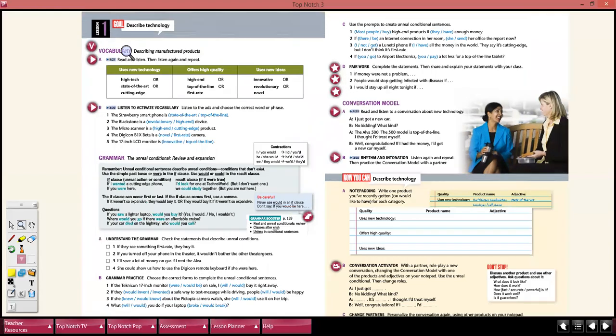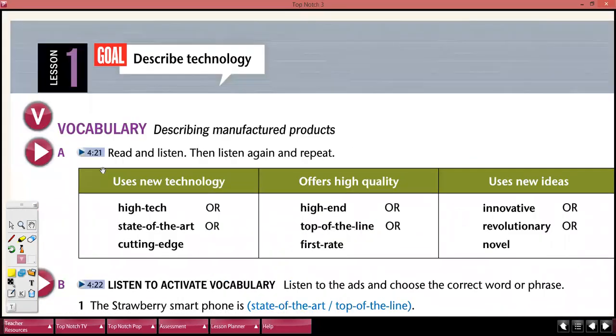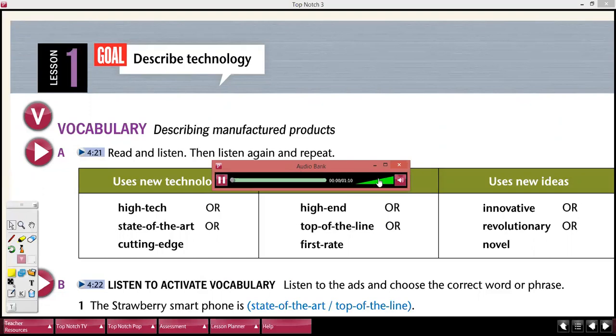What is this about? Lesson 1, if you remember the communication goals, was to describe technology. For that, we are going to use the vocabulary, describing manufactured products. We're going to listen to the pronunciation of these, so please pay attention. Read and listen.